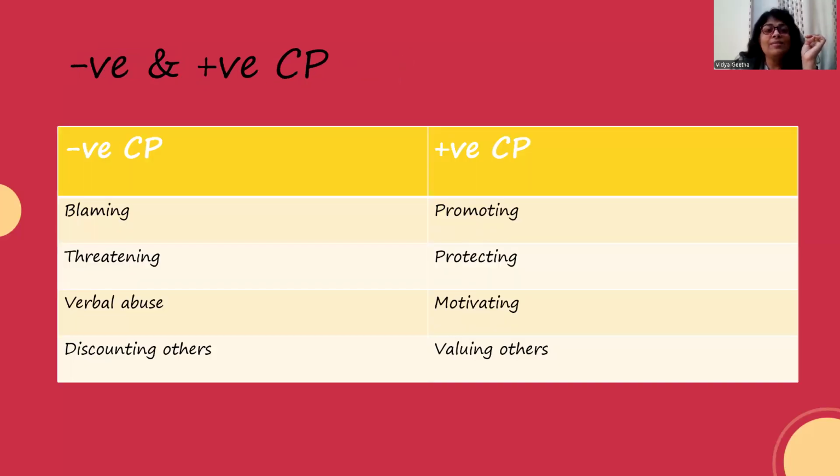Yeah. Negative CP, positive CP. Negative CP: blaming, threatening, verbal abuse, discounting, or looking down upon others, feeling they are low because my way is the highway. No? I am right always.